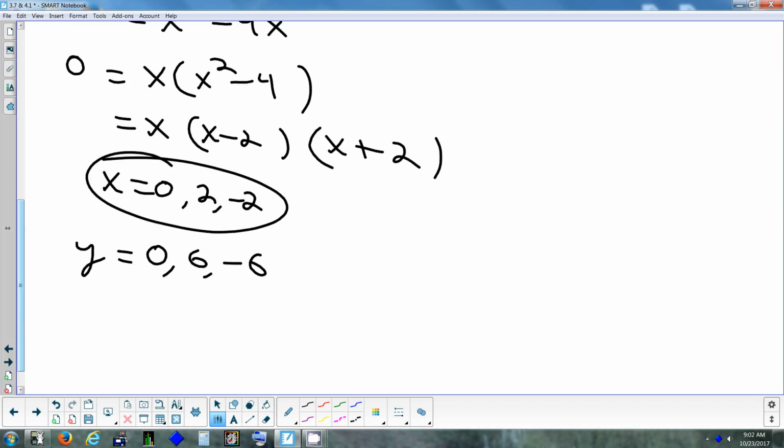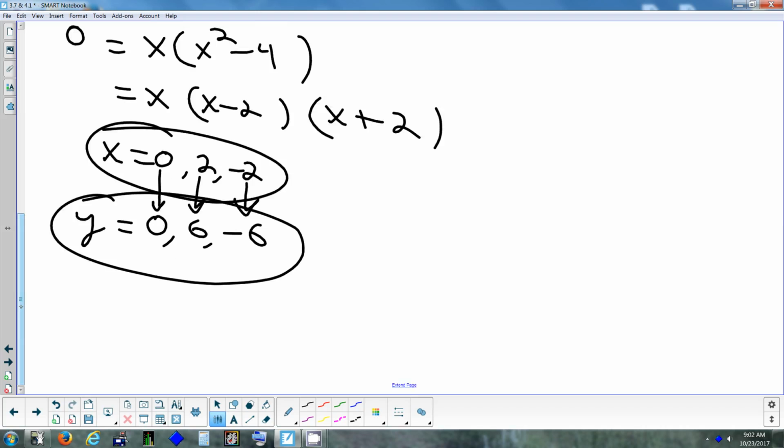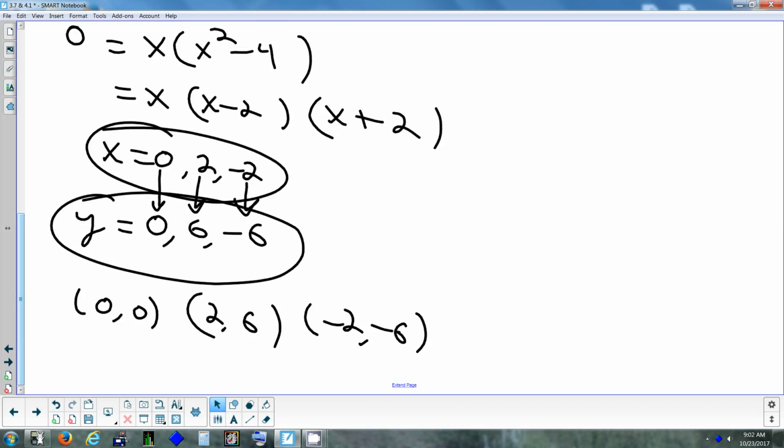So I know 0 goes with 0, 2 goes with 6, negative 2 goes with negative 6. If that's confusing, then just write 3 separate coordinates: 0, 0, 2, 6, negative 2, negative 6. Just don't forget to get the y values as well.